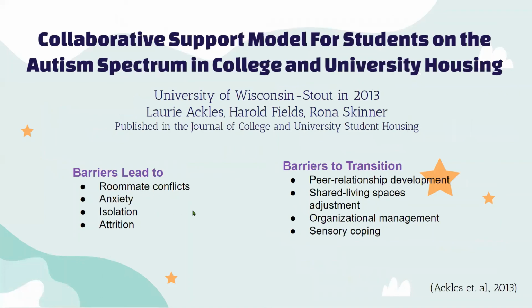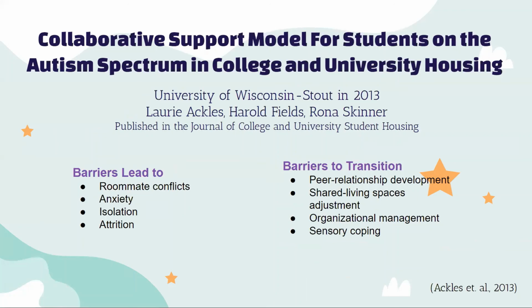The collaborative support model for students on the autism spectrum in college and university housing is a model produced by staff members at the University of Wisconsin-Stout in 2013 and is focused on assisting adolescents with ASDs transitioning into independent living in post-secondary education settings. The barriers experienced during this transition are often linked with common symptoms of ASD, such as atypical social behaviors or difficulty with communication.